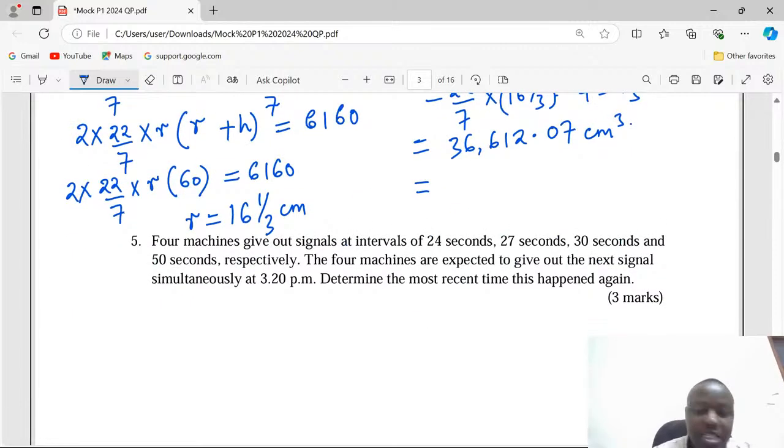So this is converted to liters by dividing by 1,000, because 1 liter equals 1,000 cubic centimeters.